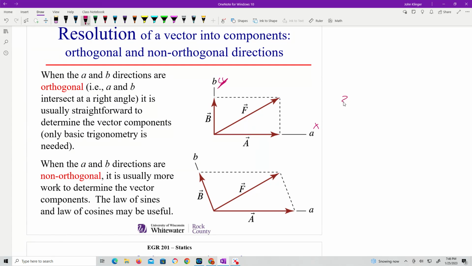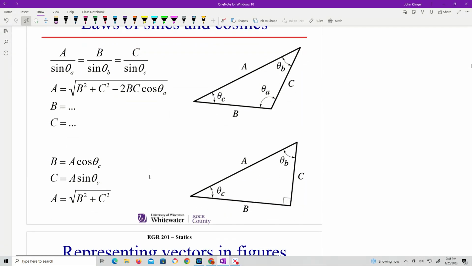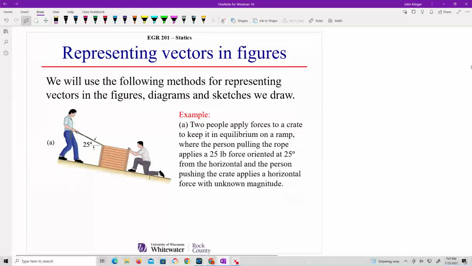Again, this will be for section 2.2. We'll cover that later. For now, we're going to continue to do it in this non-orthogonal way. And in this case, we'll have to use, of course, the law of sines and the law of cosines, which we just discussed in the beginning of this lecture. So again, here are the law of sines and cosines.